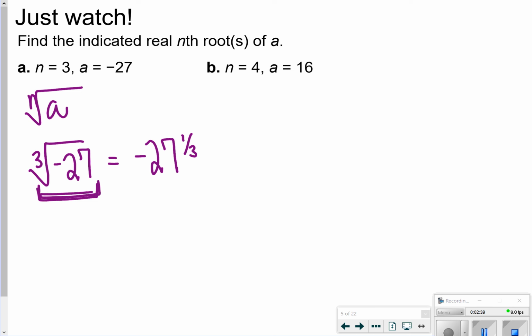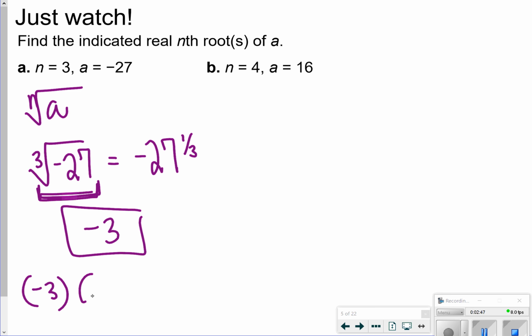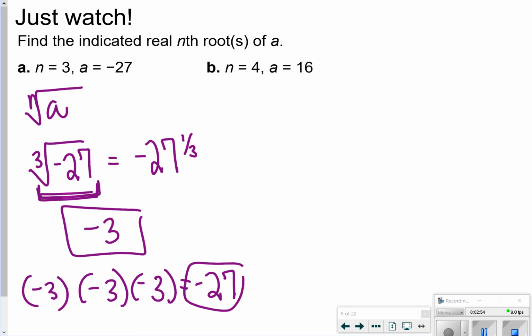So it's basically asking what is the cube root of negative 27, and that is equal to negative 3, because negative 3 times negative 3 times negative 3 is equal to negative 27. Okay, so this is your answer.